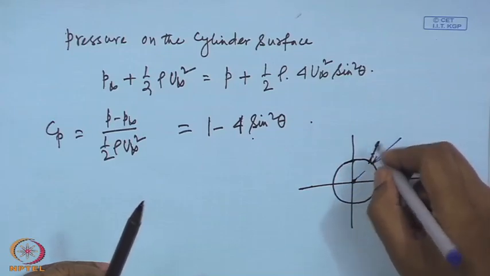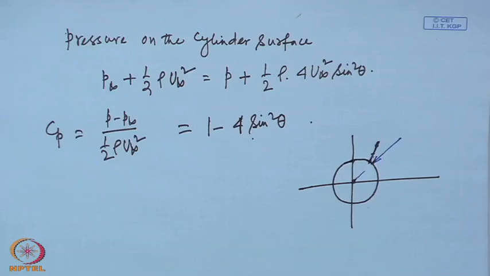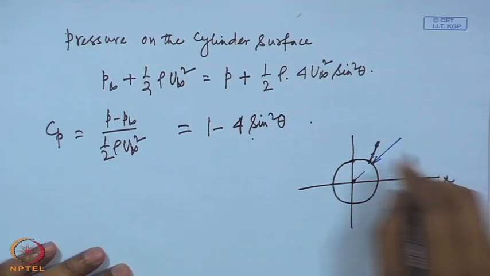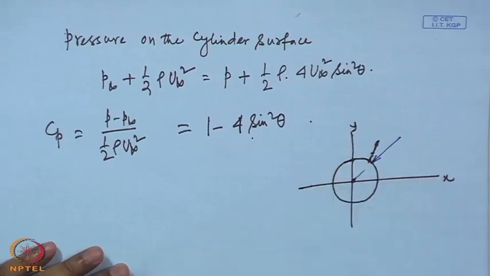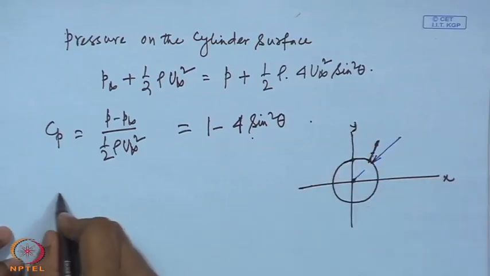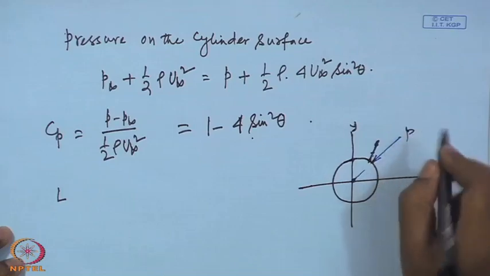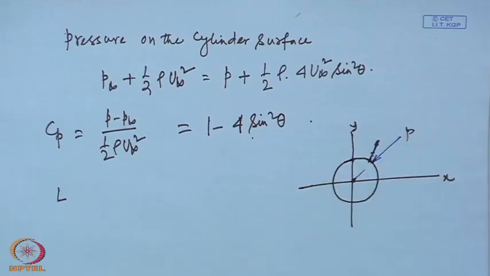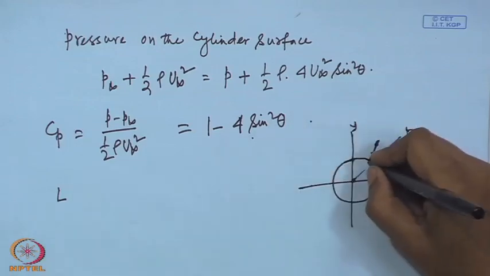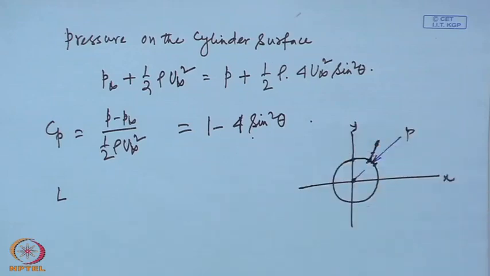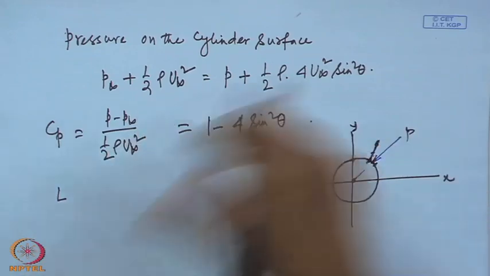This is the direction of the pressure. So, what will be the lift force? Consider a small length r d theta, okay, and consider a unit width, because this is an infinite body.